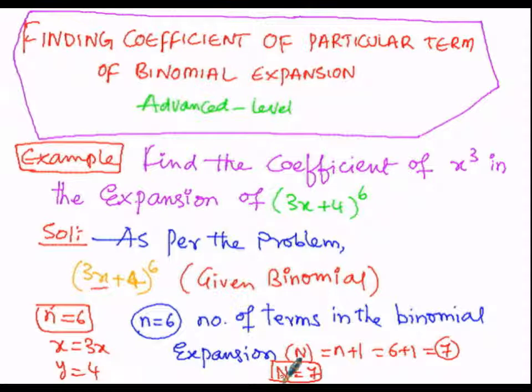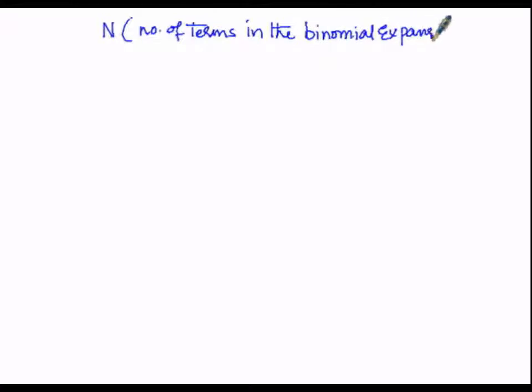So in order to find out the coefficient of x cube in the expansion of (3x plus 4) whole to the power of 6, in the next logical step, capital N is nothing but the number of terms in the binomial expansion, which is equal to 7. So here we got N as 7.